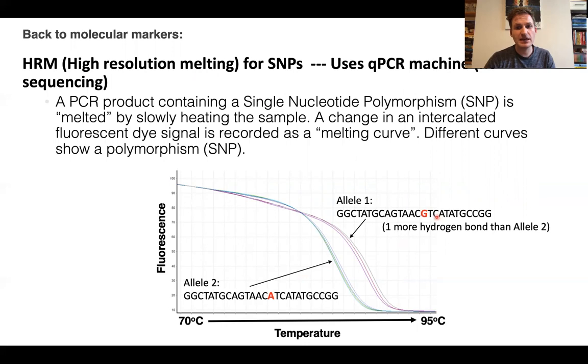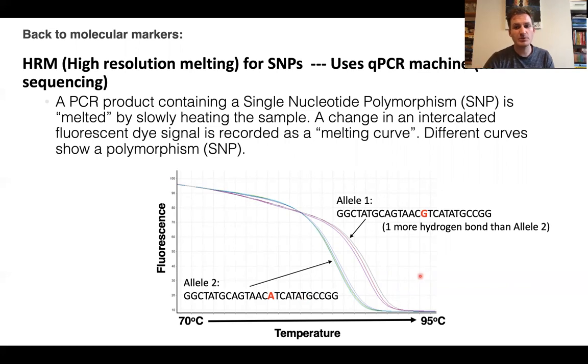But let's say the DNA fragment differs by just even a single base pair, like a SNP. In this example, G and A are the only differences between these two sequences. And the difference has to be in terms of the hydrogen bonds between the two sequences.